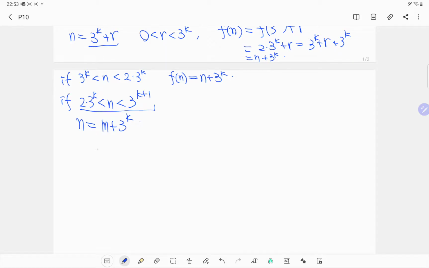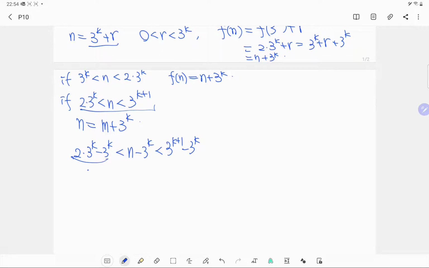We will have 2 times 3 to the k power minus 3 to the k power is smaller than n minus 3 to the k power is smaller than 3 to the k plus 1 power minus 3 to the k power.